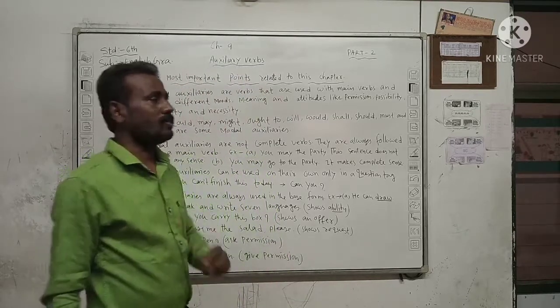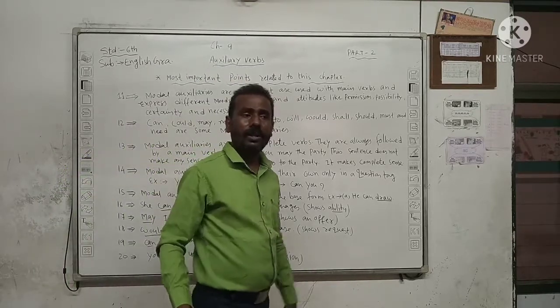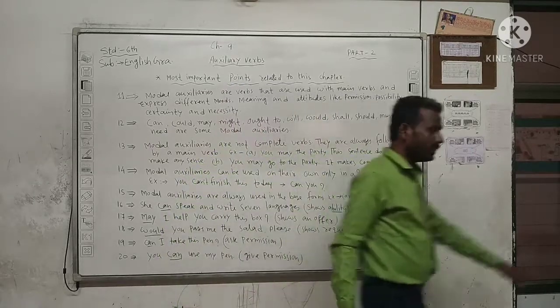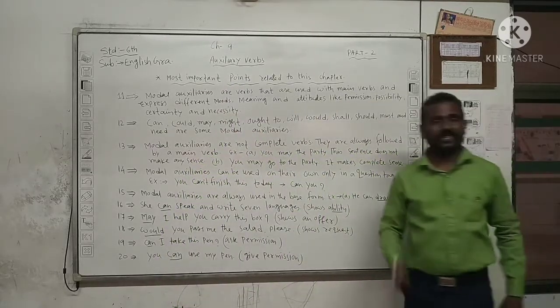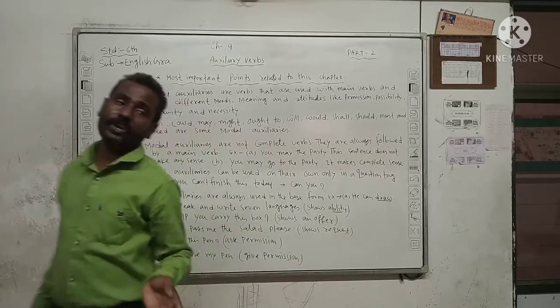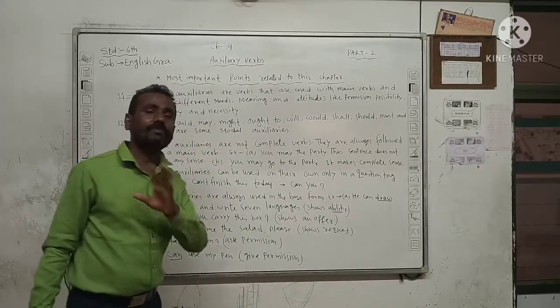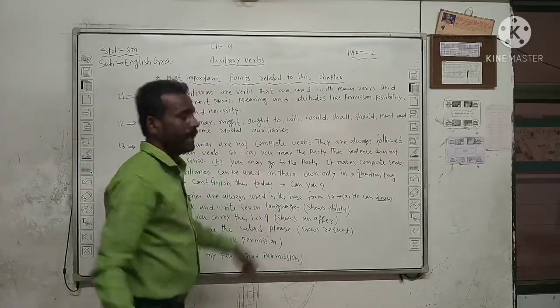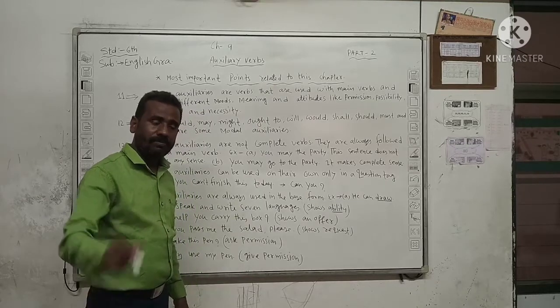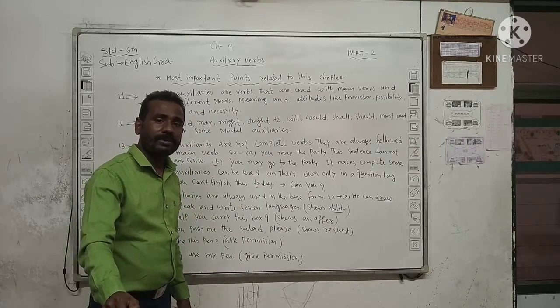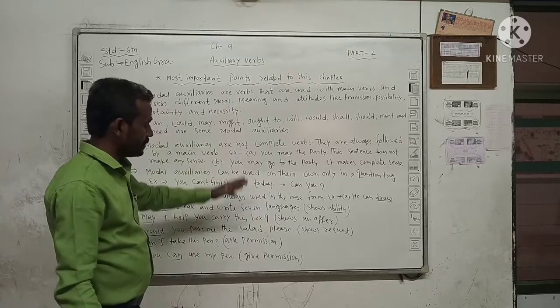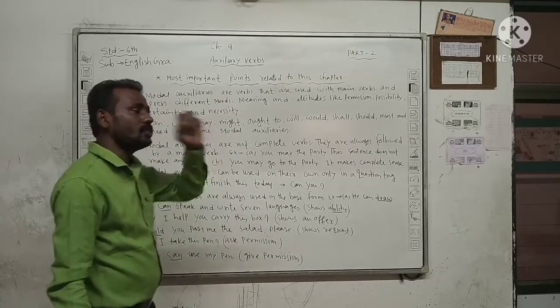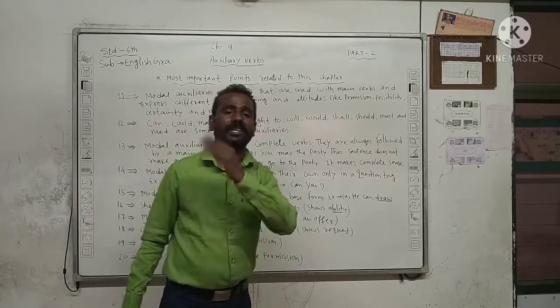But suppose you are thinking I will read and learn only the exercise, it will be very difficult to achieve good marks. So that's why, with the exercise, from the main points of the chapter, I am giving here those 20 points. These also you have to learn with examples.